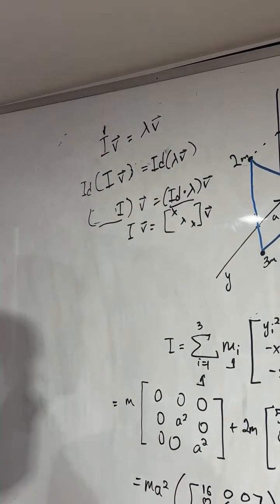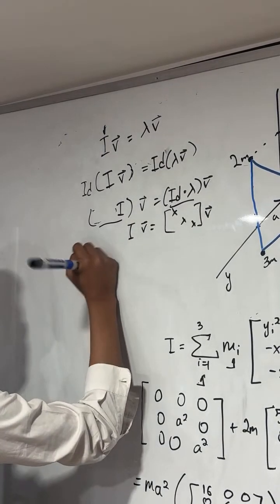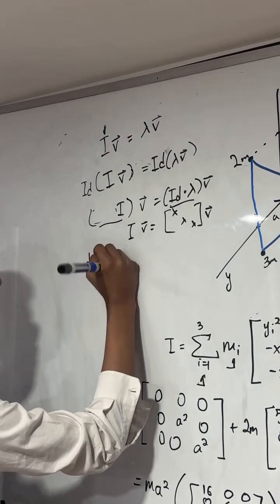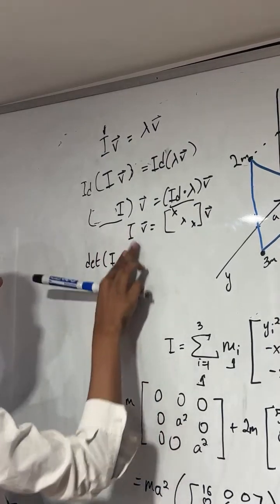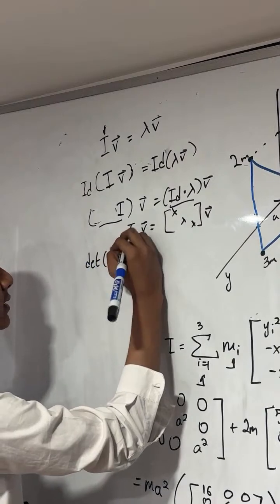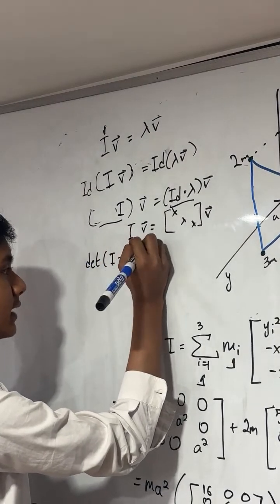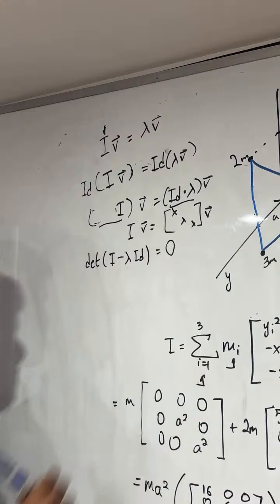Thankfully, determinants are additive, which means we can say that the determinant of I minus lambda times the identity has to be equal to 0.